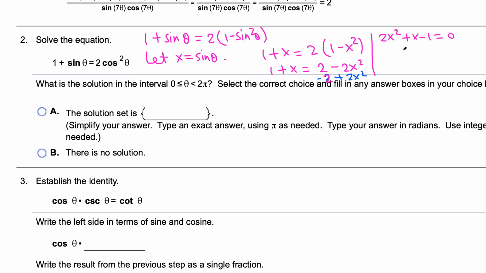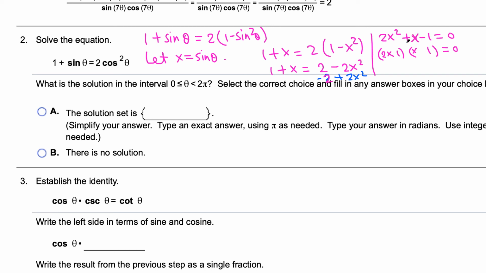So we have a quadratic equation equals 0. To solve, we always factor. Okay, it can be challenging, but it's just trial and error. So 2x squared, the only way 2x squared factors is 2x and x. And negative 1, just 1 times 1. That's the only way 1 factors.